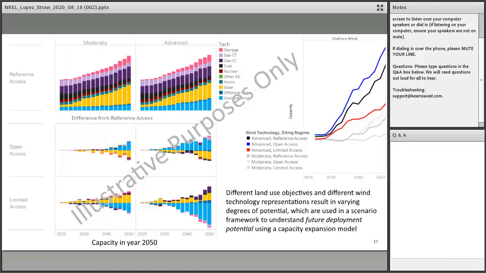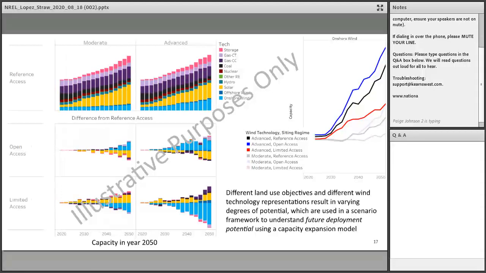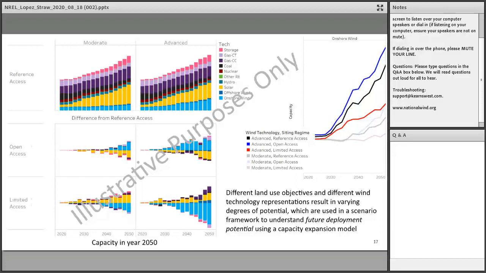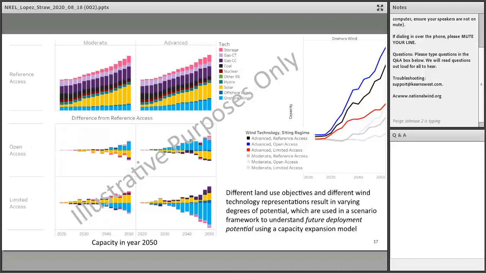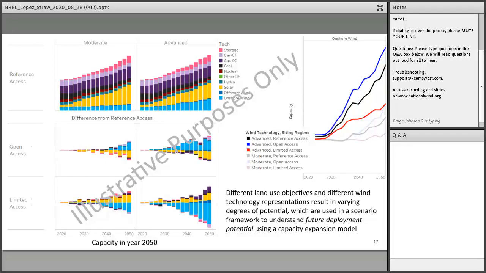Okay, we had one more question come in. What are the next steps for NREL regarding this model? Great question. So as for the Rev model, we're focused on enhancing our siting representation for other technologies. This year has been primarily focused on improving our representation of wind.